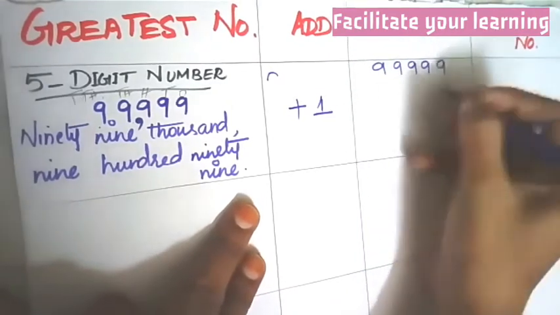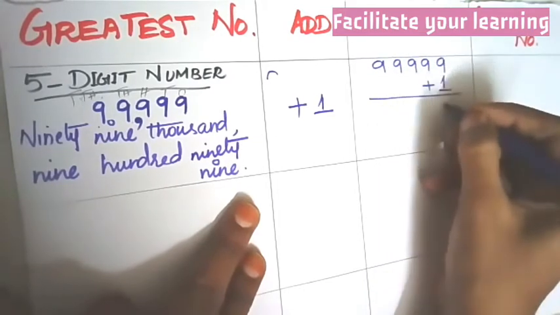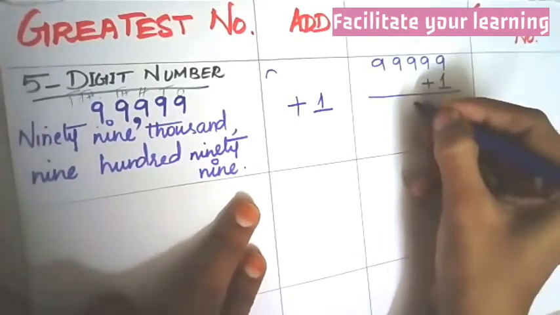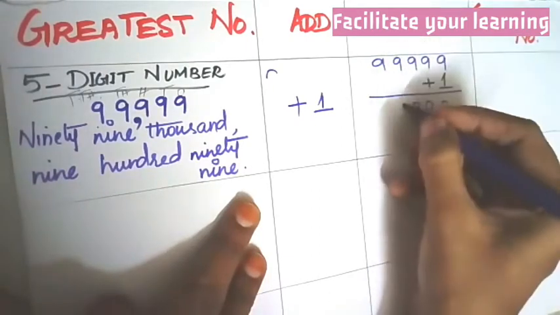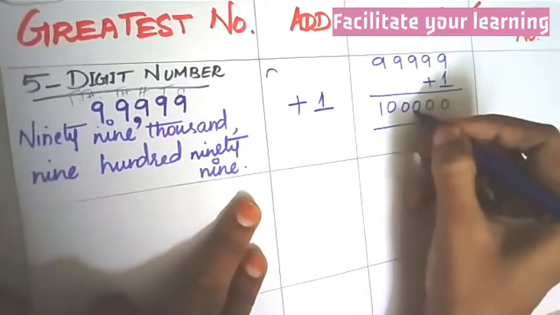And what happens when you add 1 to this greatest 5 digit number? So 5 nines plus 1: 9 plus 1 is 10, 9 plus 1 is 10, and so on, and your answer looks like this.